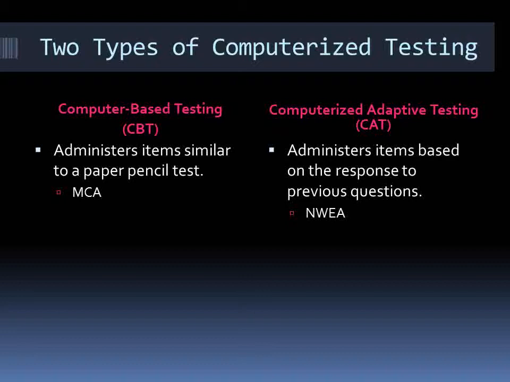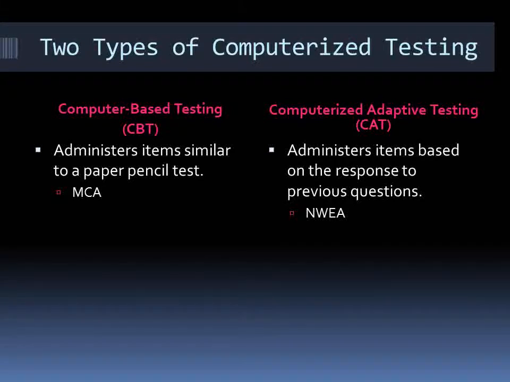The computer-based testing just administers items similar to a paper-pencil test. So for me, that would be the MCA test. There is a paper copy and a computer-based copy, and the questions are pretty similar. Computerized adaptive testing is more like the NWEA for us.